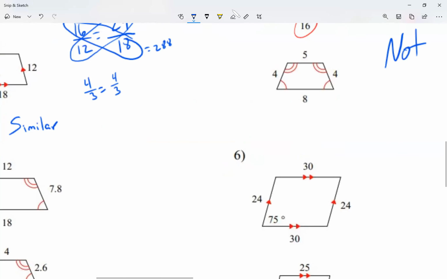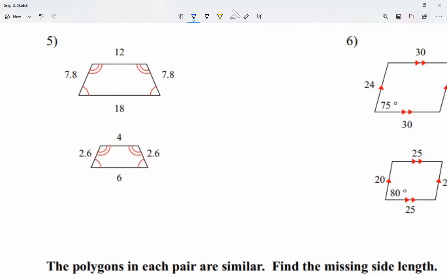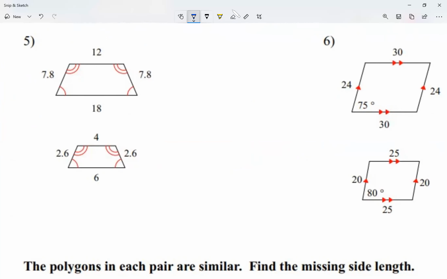Good. Let's take a look at number 5. When I look at the sides, I have the measurements 12, 7.8, and 18. Let me write them down.